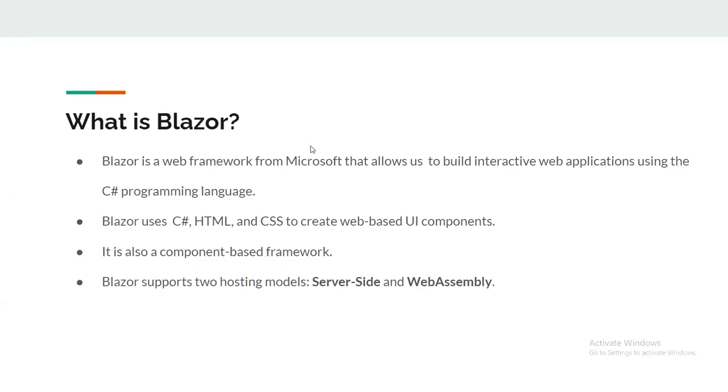What is Blazor? Blazor is a web framework from Microsoft that allows us to build interactive web applications using the C# programming language. So basically, Blazor is a free and open source web framework based on HTML, CSS, and C# that helps us to build web applications faster.